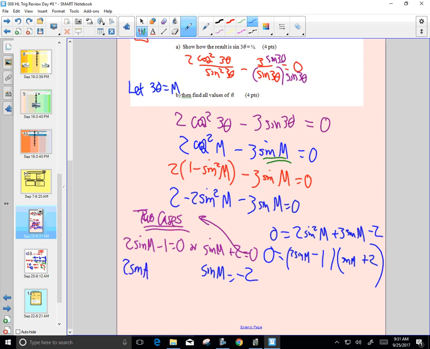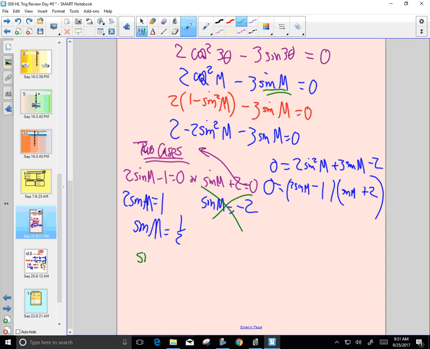Yeah, because you can never have it. Sine will never go down to negative 2, so we don't have to do anything with that. That one's done. But this sine 3 theta equal to 1/2, why is that good?